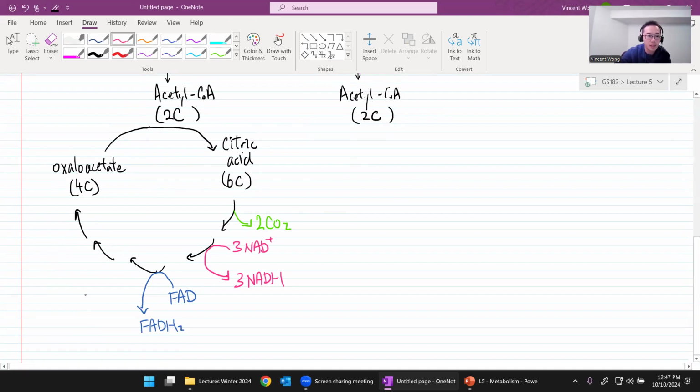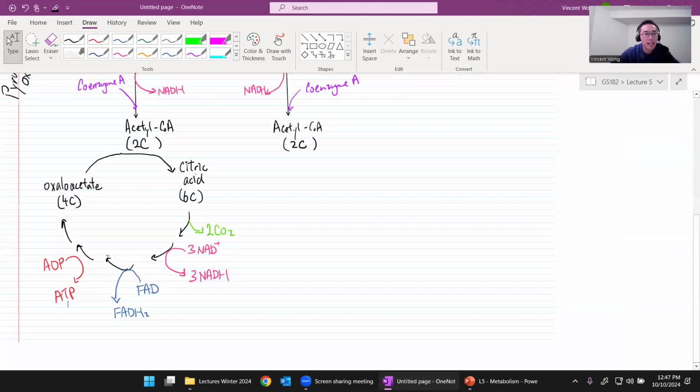Last but not least, we will also be generating ATP, but just one of them. Okay, so this is direct ATP production through substrate level phosphorylation again. So that's the key. These are the key products for one cycle.